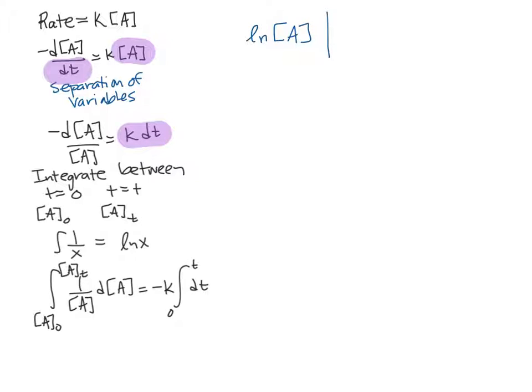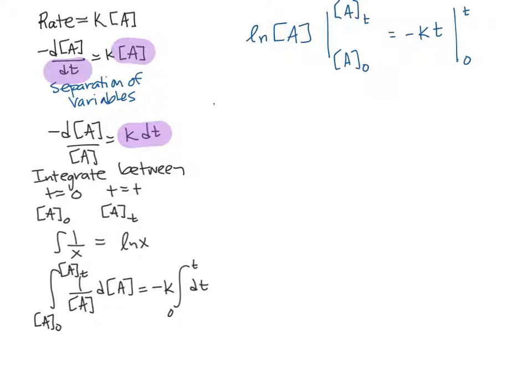And then I like to write this as going between the A concentration at time t all the way down to our initial concentration equal to the negative kt, now that we have that time variable in there, going between time t and time 0.